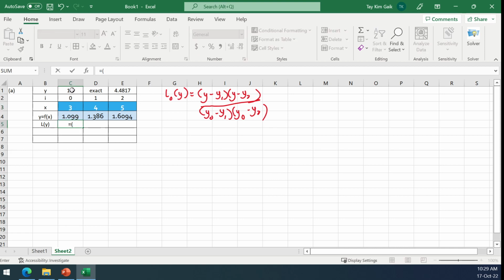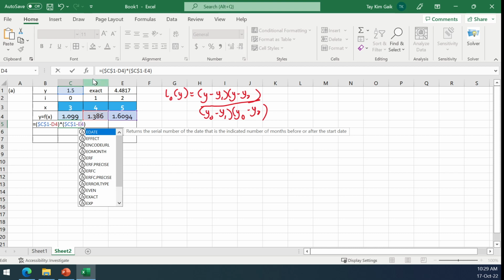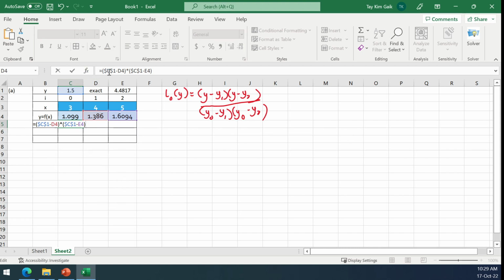Where the y I store in cell C1, make sure you make it constant by putting dollar signs before and after the column label. So y minus y1, multiply. Then I can copy, so D becomes E. Now I got here (y − y1)(y − y2). For the denominator, make sure to open and close brackets.